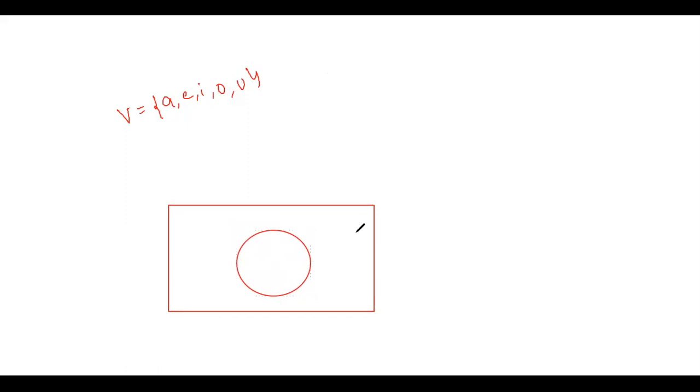After that, let's name the rectangle and the circle. This is our universal set U, and this is our set of vowels V. Now what is the universal set in this case? The universal set in this case is the set of all alphabets. So in set builder notation, it can be represented as U = {x such that x is a letter of the alphabet}.